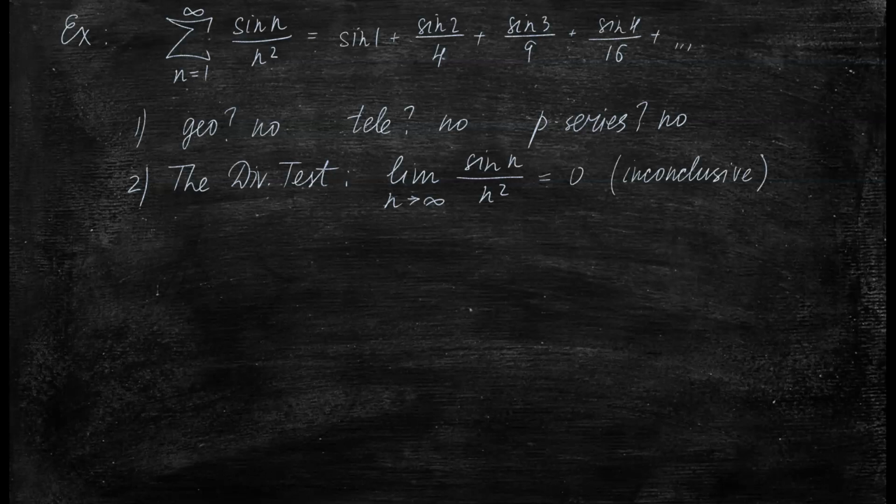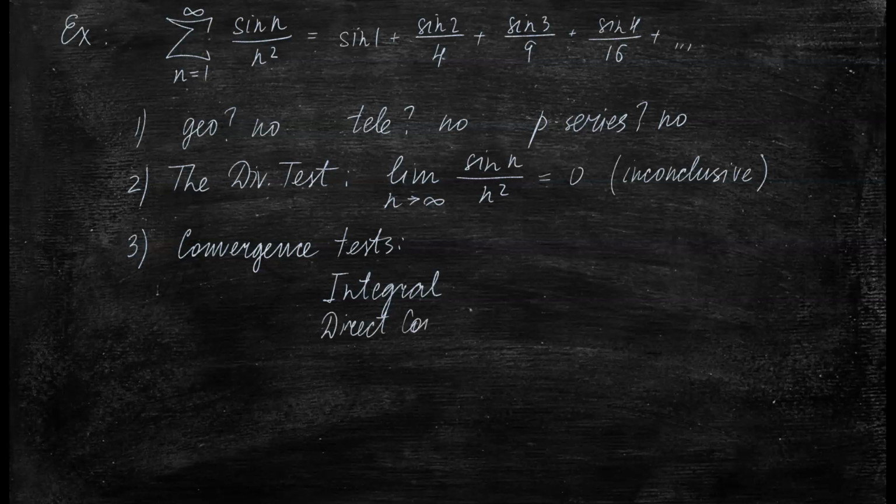All right, so now we want to try to run some of the convergence tests. And there are three available. So we have the integral test, we have the direct comparison, and we have the limit comparison test. But all of these tests require the general term to be non-negative.